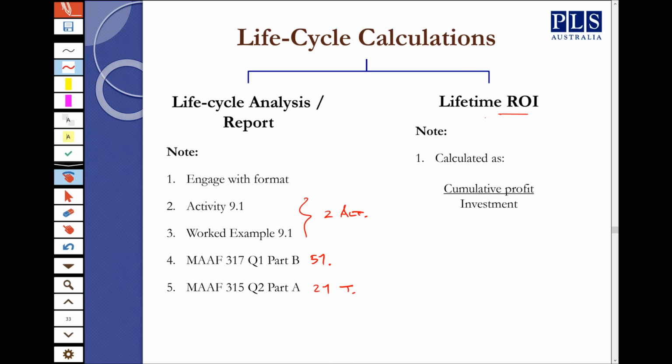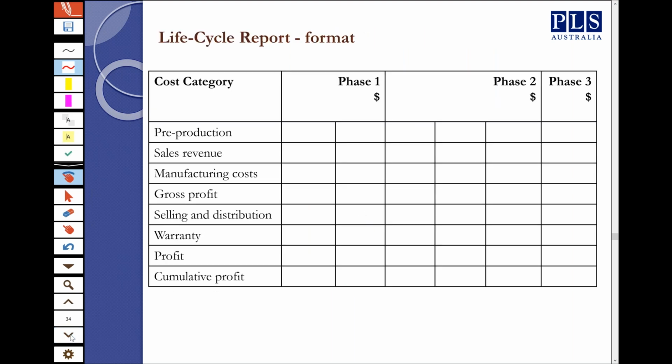So as we look to draw those points together, I've already referenced to the fact that there is a standard format. And what you'll find with this standard format is that you've got your phase 1, phase 2, phase 3. So this could be, for instance, June 18, June 19, June 20, June 21, so on and so forth across.